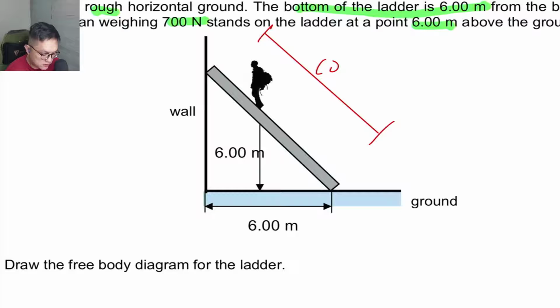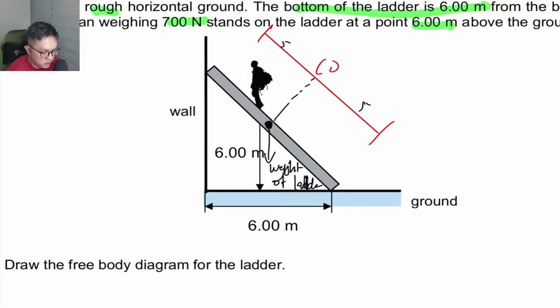CG is here. This is the width of the ladder. I need to label properly. Let's label this width of ladder, and we'll mark this distance as well. This distance is 5 and this is 5.